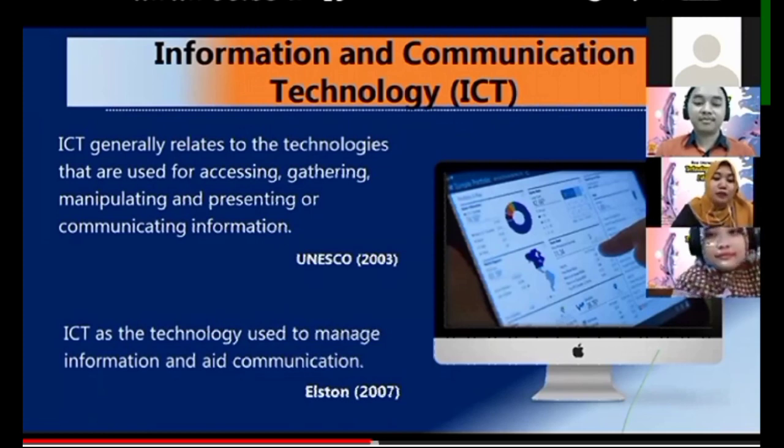From those definitions, I can highlight that ICT stands for Information and Communication Technologies. It refers to all communication technologies, including the internet, wireless networks, cell phones, computers, software, and so on, that can be used to aid communications. Next, please.